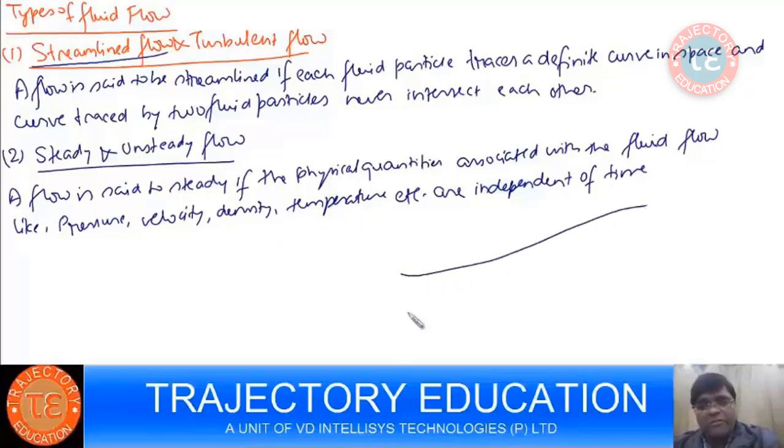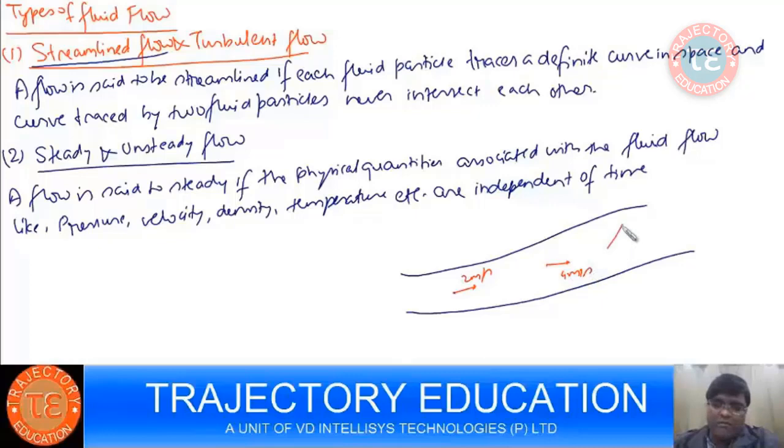If this is a fluid flow, then at this point the velocity may be 2 meters per second, at this point 4 meters per second, and at this point 6 meters per second. Call these points P, Q, R. The velocity of any fluid particle passing through P is 2 meters per second, through Q is 4 meters per second, and through R is 6 meters per second.